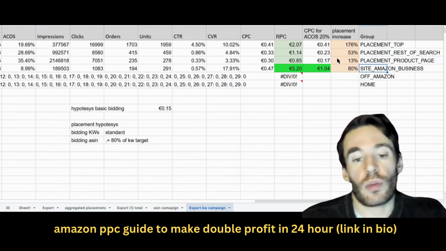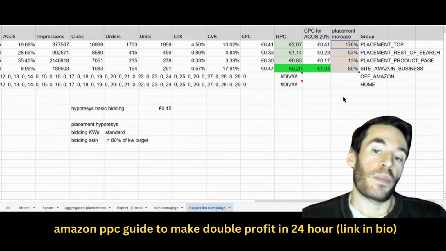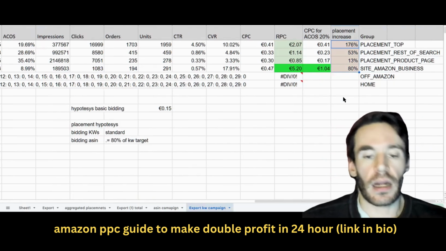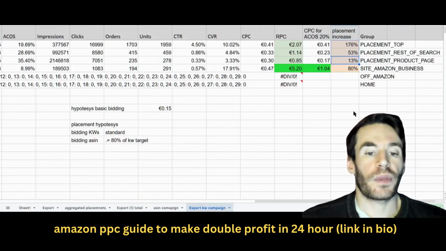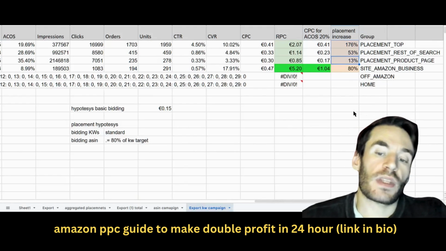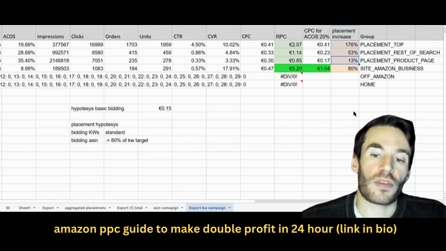If we look at the placement distribution, we see, for example, the placement here is higher. The total placement on the ASIN was 120%. The total placement here is double, 240%. So you have higher bidding and a lot higher placement. You can see most of the placement distribution, around 150%, goes to top of search.